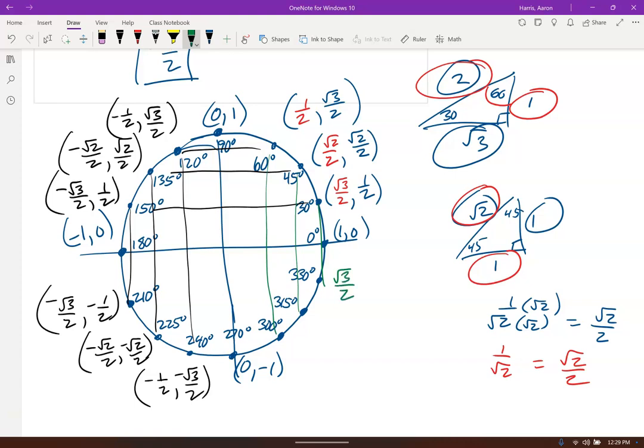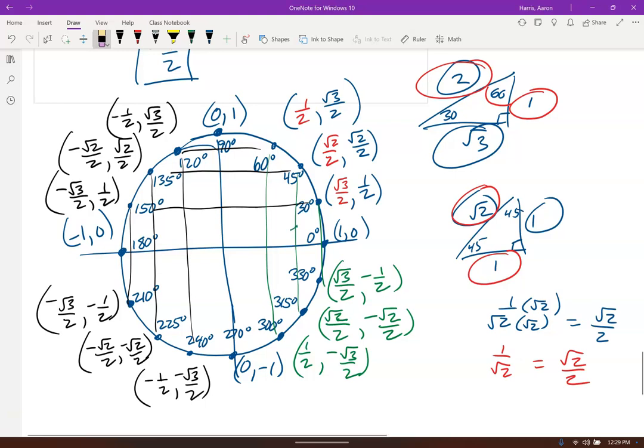Root 3 over 2, negative a half, positive x, negative y, positive x, negative y, positive x, negative y. Now I've filled everything out except for, oops, erase these lines here.